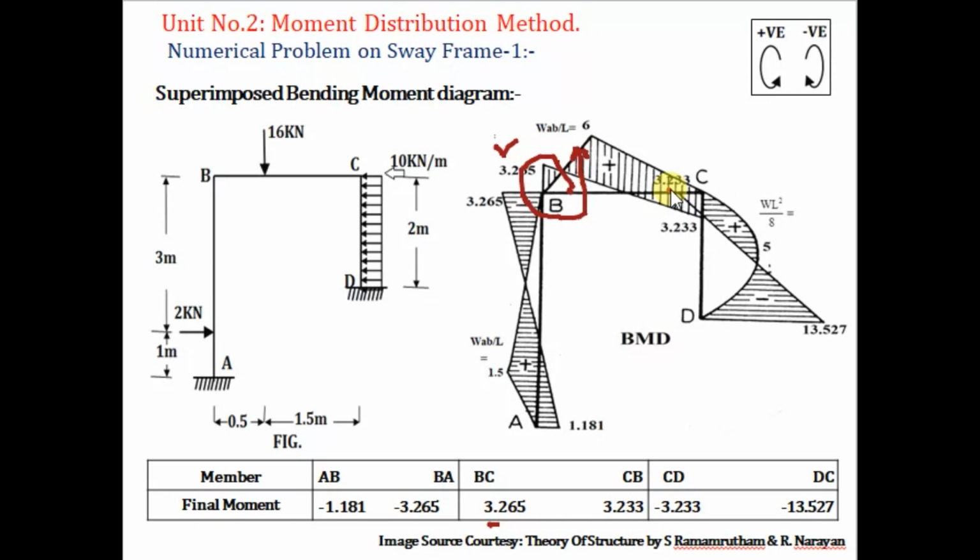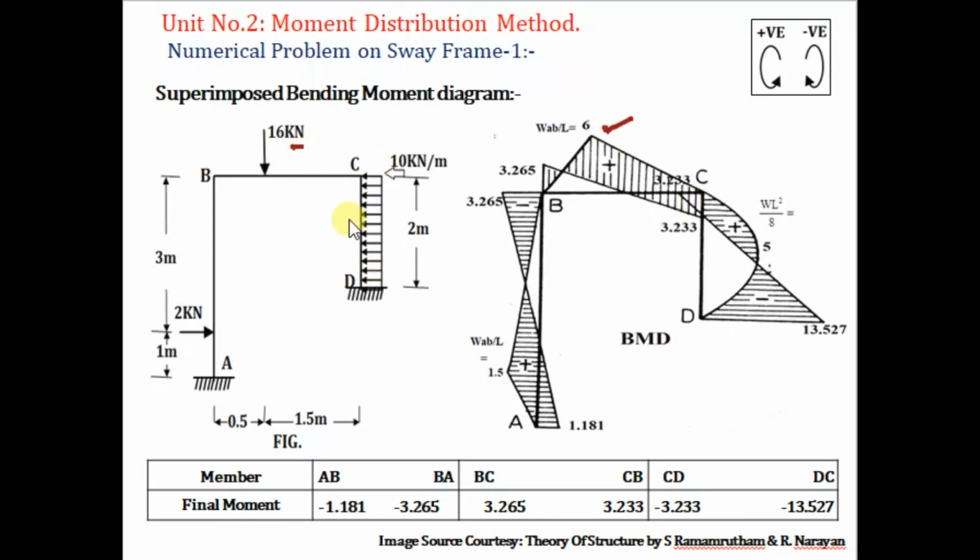That means you have to rotate in anti-clockwise direction. So after cutting, the arrow coming down, so show down. Then you have to join with the straight line. You will get the diagram for the end moment. Then draw the free bending moment diagram for point load 16. So WAB by L you will get 6.